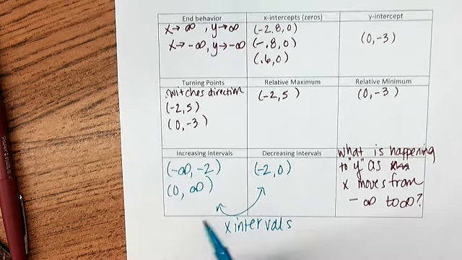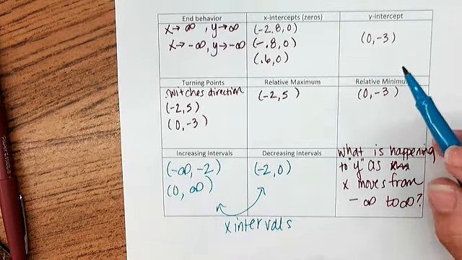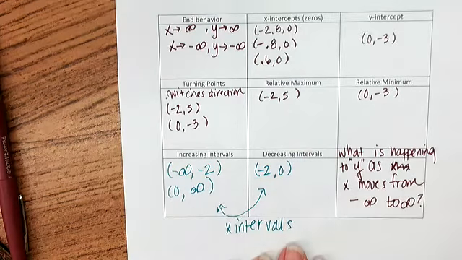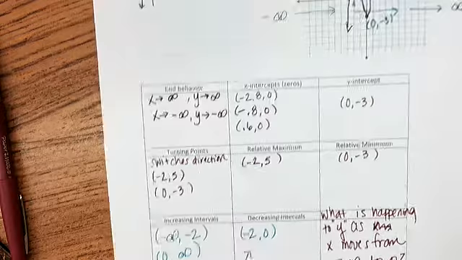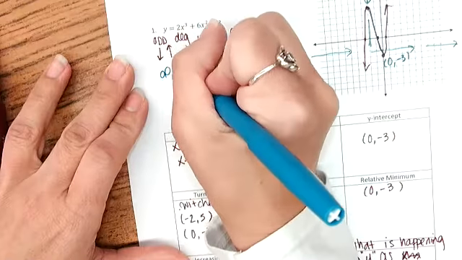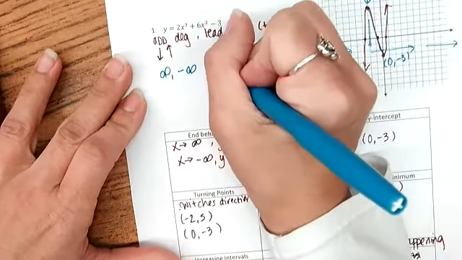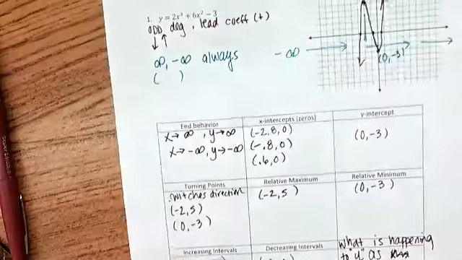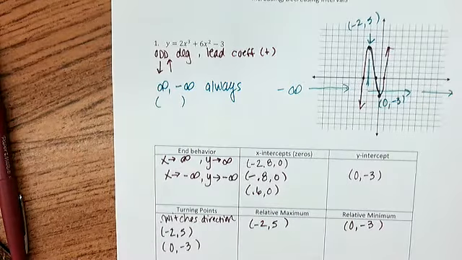Okay, parentheses. So we've talked about this before, that infinity and negative infinity are always parentheses. And so are turning points.